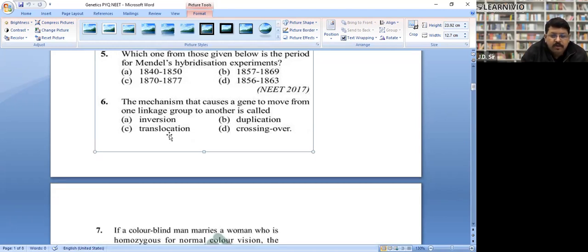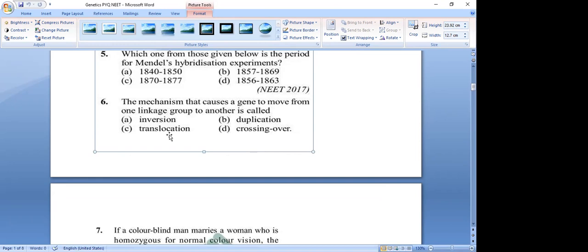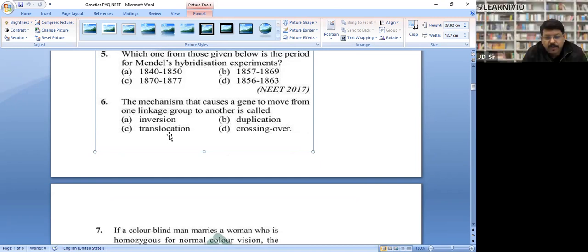The mechanism that causes a gene to move from one linkage group to another linkage group is called? Translocation. The mechanism that causes a gene to move from one linkage group to another linkage group. Alan, are you participating in this or not?